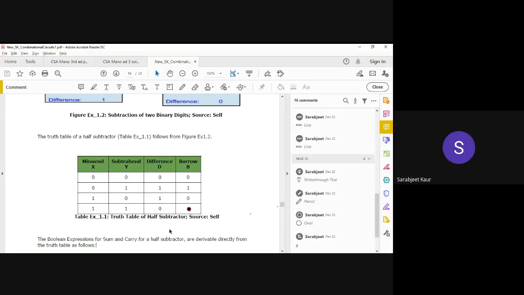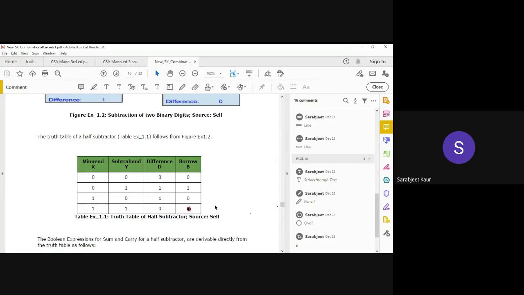Okay. But however, see that in this case, for example, in the case of borrow, now suppose this question comes to you and it carries a lot of marks, then you can obviously draw the Karnaugh map to show what we're doing.